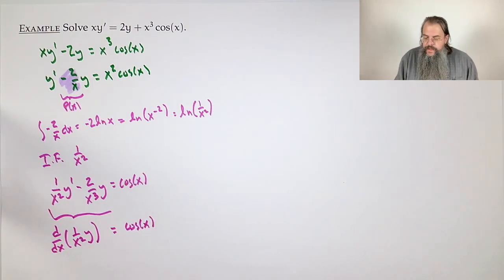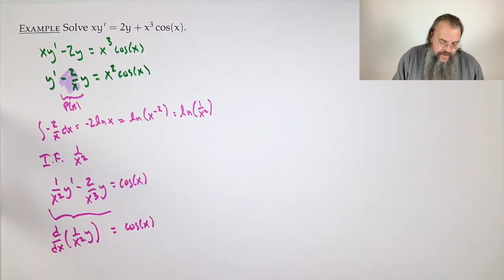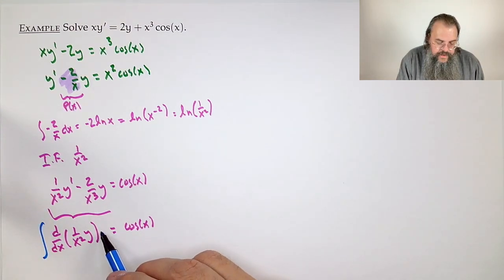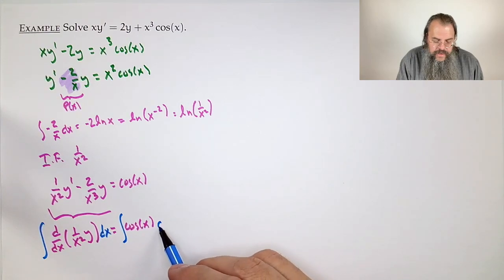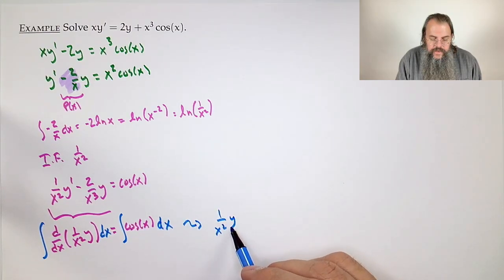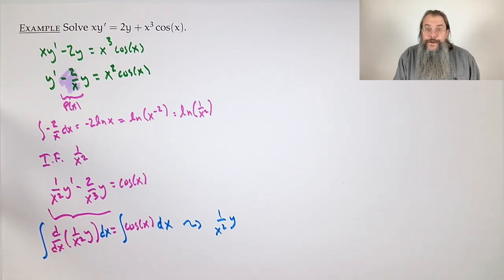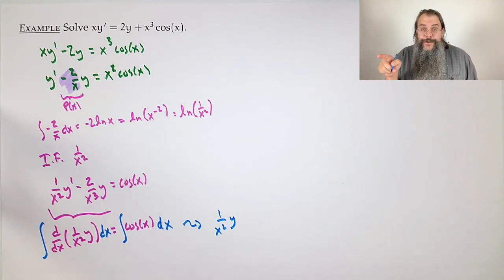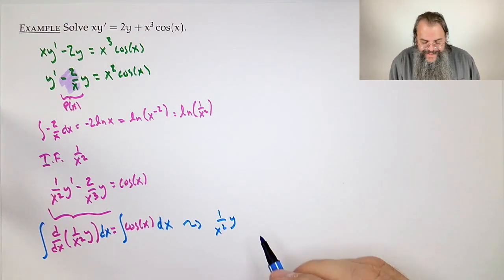And now we integrate both sides. Integrate dx, integrate dx, and we see that 1 over x squared times y, integral of cosine, is it sine or is it negative sine? It's sine, just a sine function.